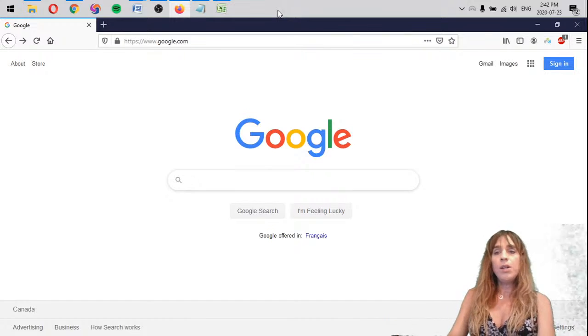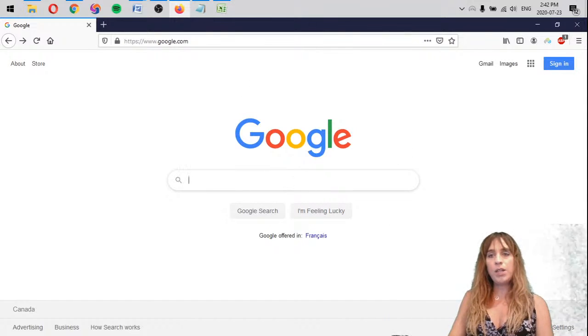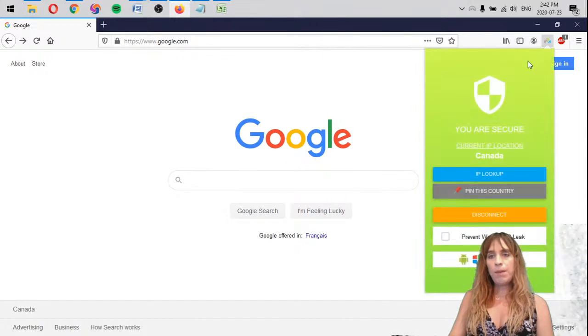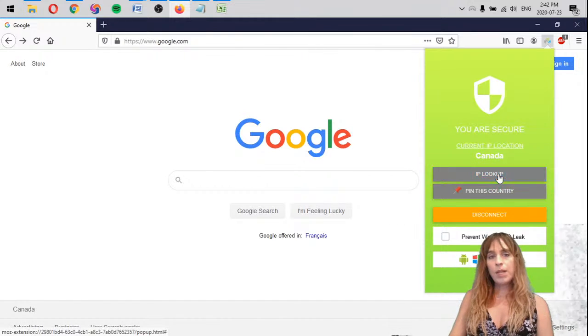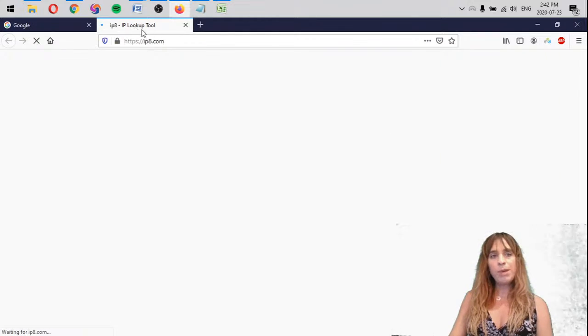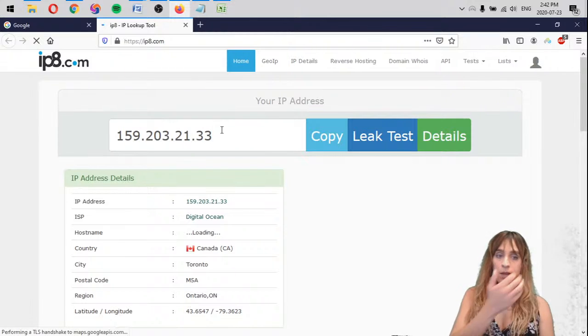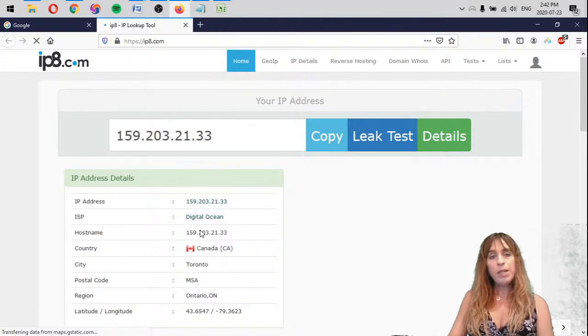So anyway, the way I do this is I use the VPN. I connect to a new IP address, and then I will confirm to make sure that the IP address is set up properly.